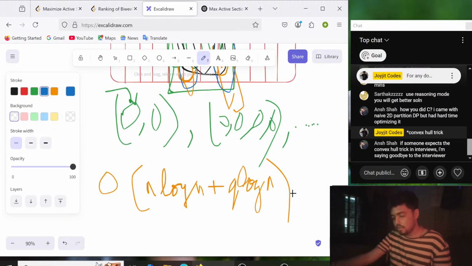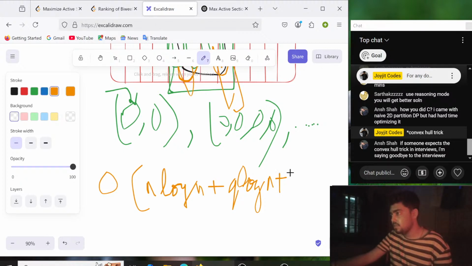To be very appropriate, it is going to be q log n plus 2q. But obviously you can remove this 2, so it becomes plus q.